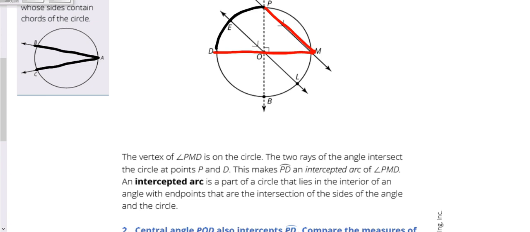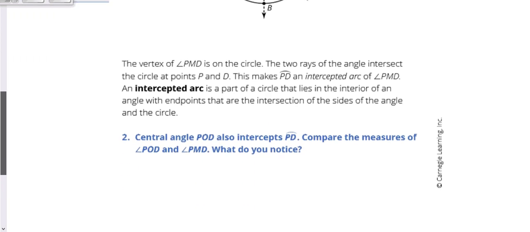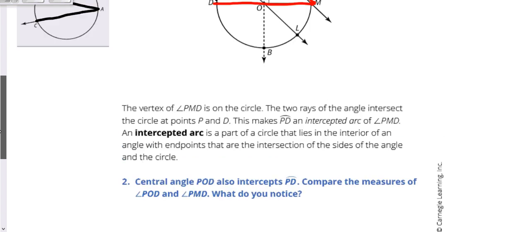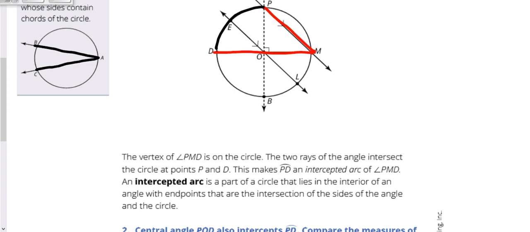All right, now, down here it says central angle POD also intercepts arc PD. Compare the measures. So now we're going to look at this. POD is this one here. Now we are told it's 90 degrees.